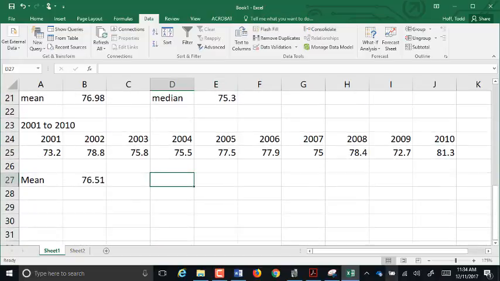And then let's do it for the early 2000s. So it looks like a big rise there.